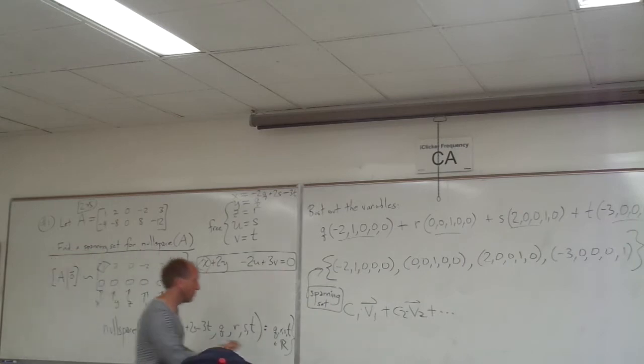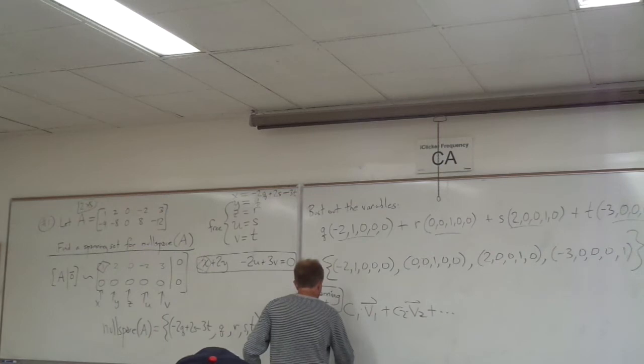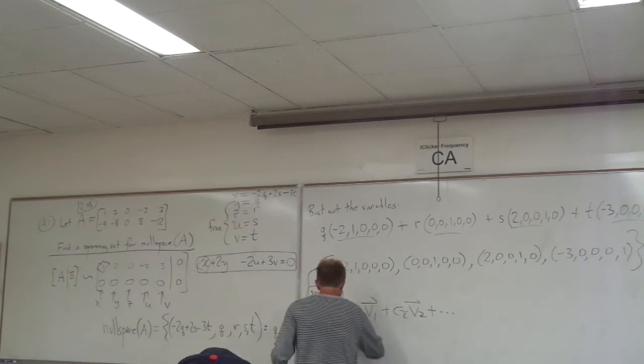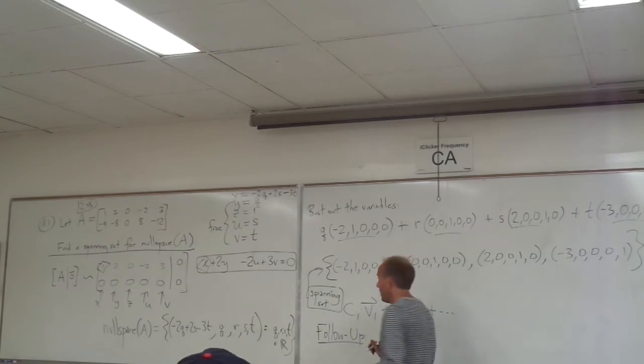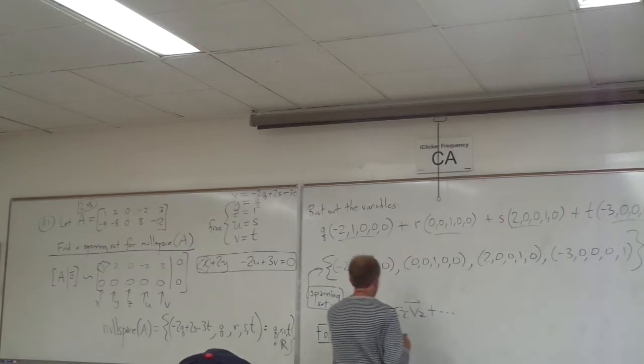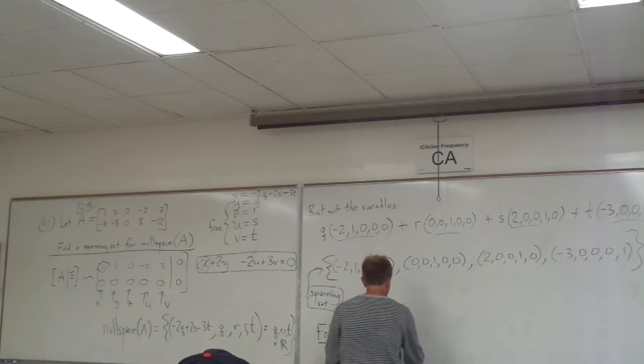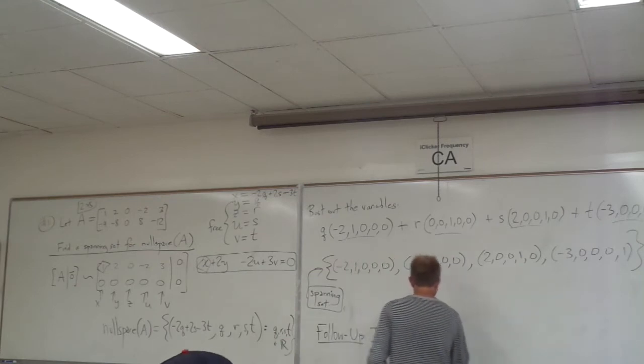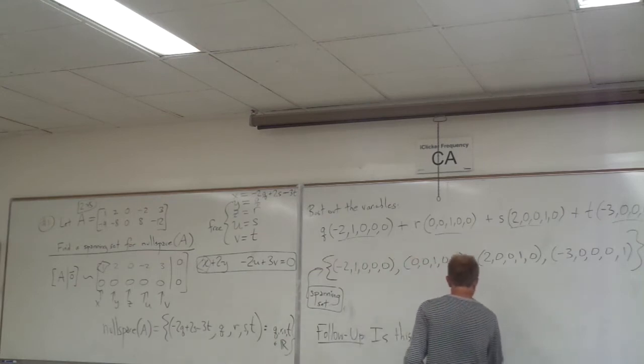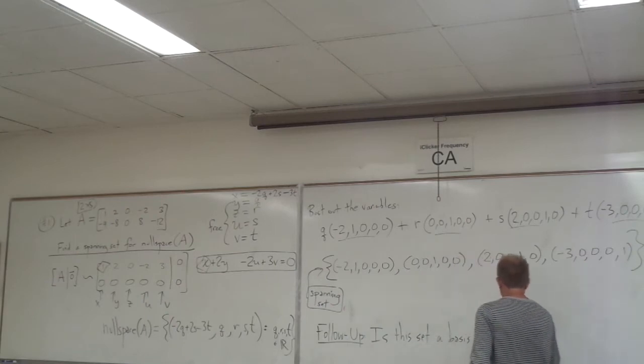Let's call this a follow-up question. This is not on the handout, but I'm going to follow it up. Is this set a basis for the null space of A?